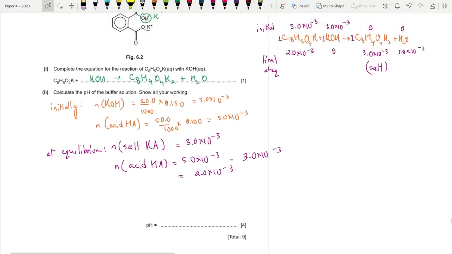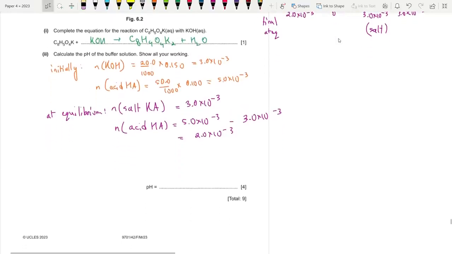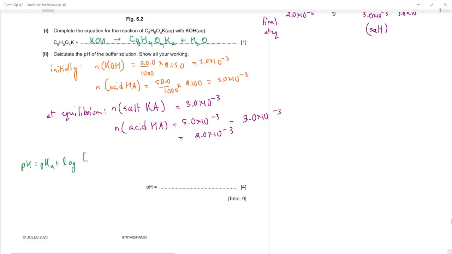Firstly, using the Henderson-Hasselbalch equation, we know that pH is equal to pKa plus log base 10 of the ratio.